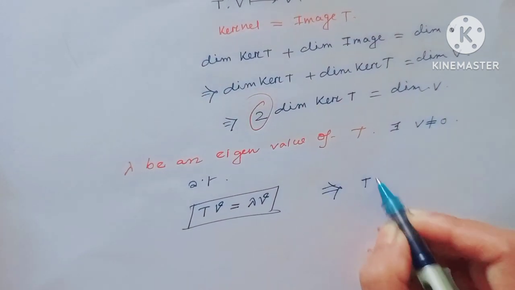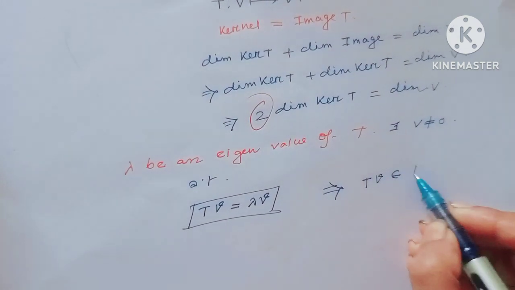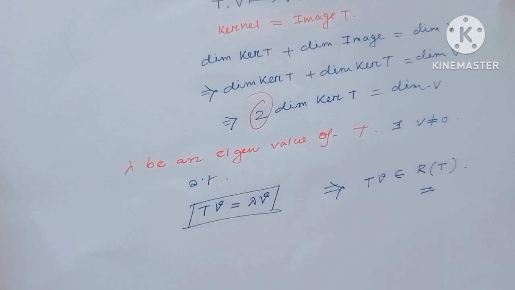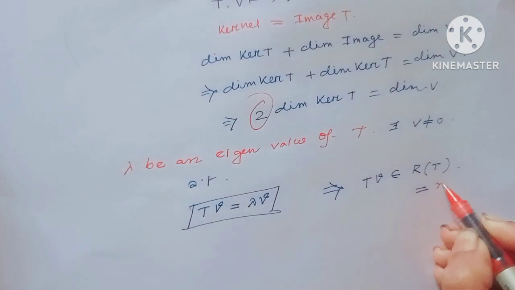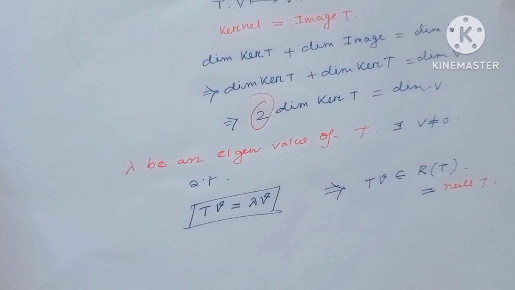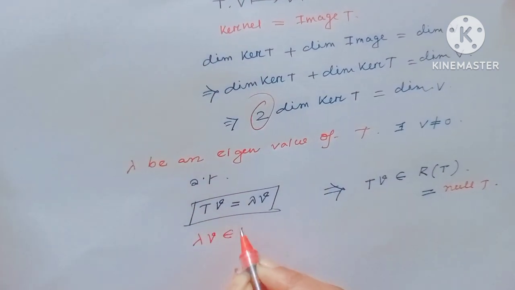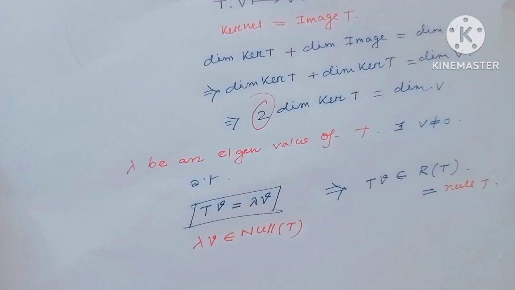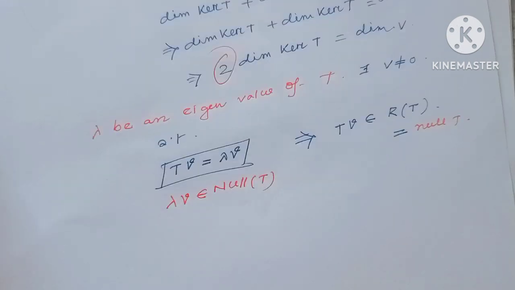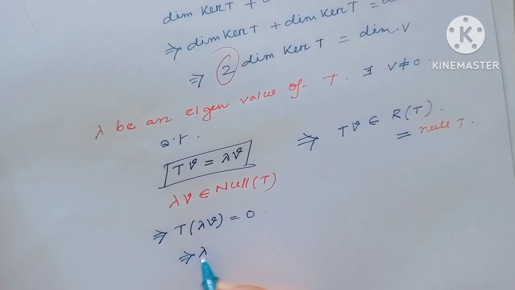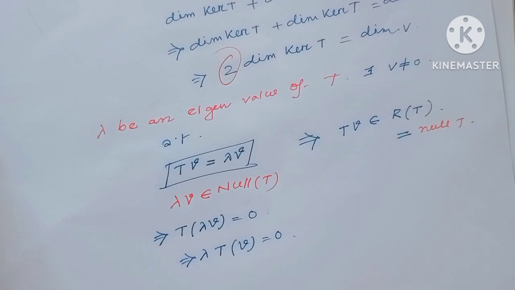That implies Tv belongs to the range of T, and since range T is equal to the null space of T, lambda v belongs to the null space of T. That implies T of lambda v equals 0, so lambda times Tv equals 0.